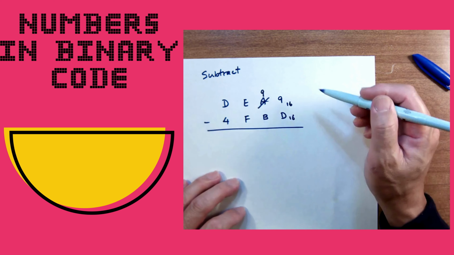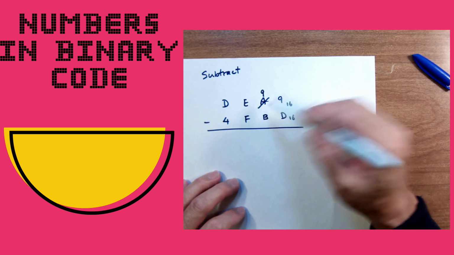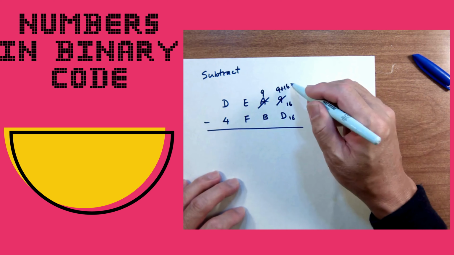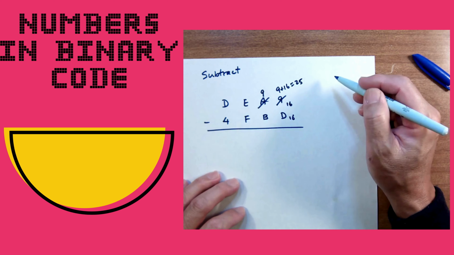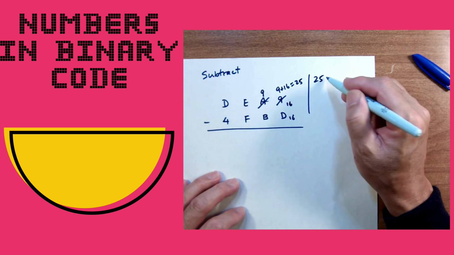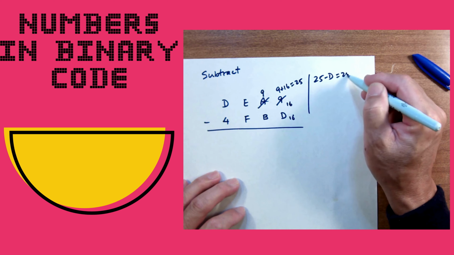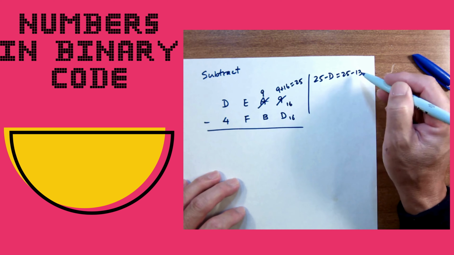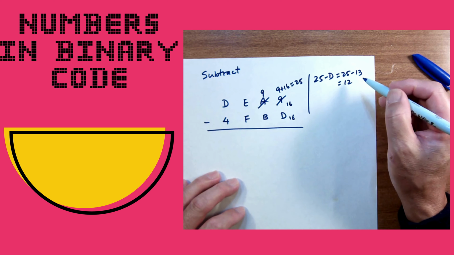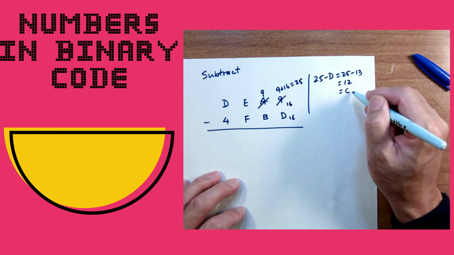E needs to be reduced to 9. 9 will now be 9 plus 16 is equals 25. First column is 25 minus D equals 25 minus 13 equals 12. 12 is equivalent to C base 16.